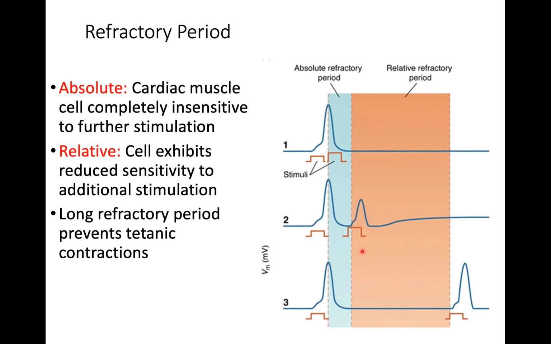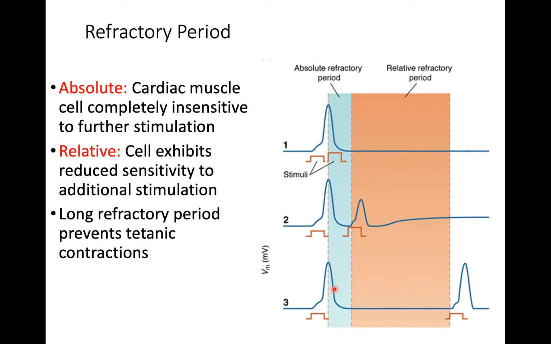However, if you do want a nice strong contraction, you should probably wait until after the relative refractory period, where you can provide a stimulus, generating a nice strong contraction that was the same strength as your initial contraction. So again, differentiating between absolute and relative refractory periods.